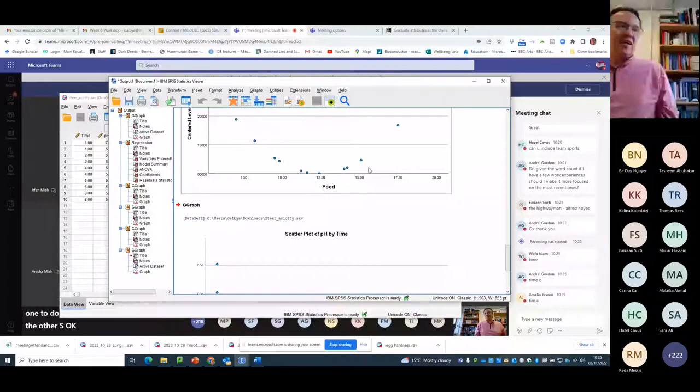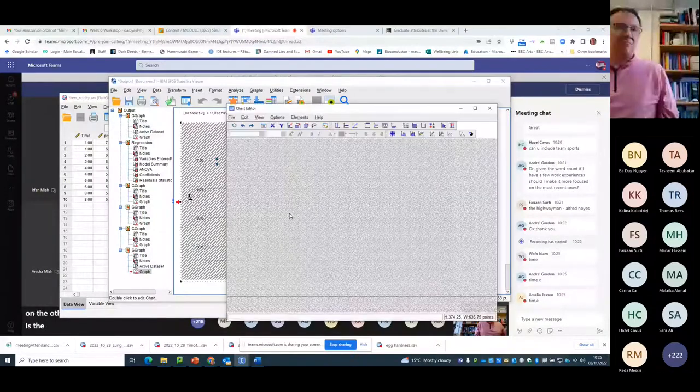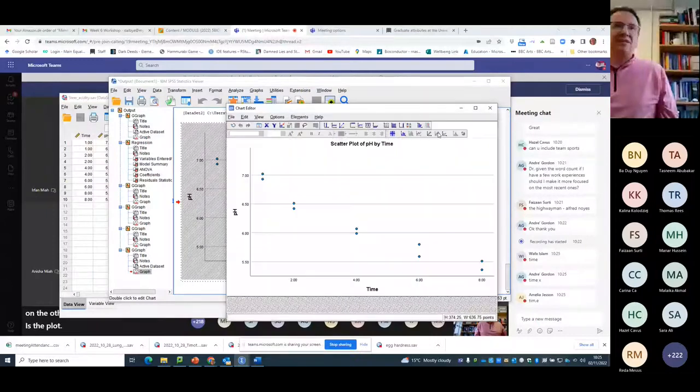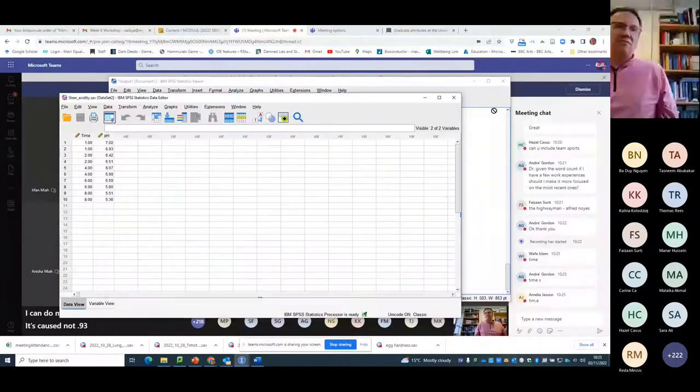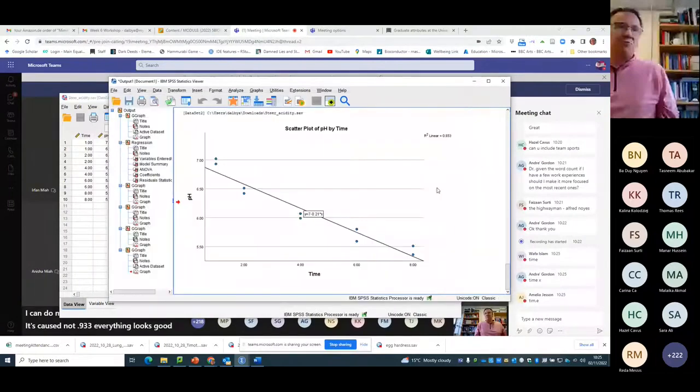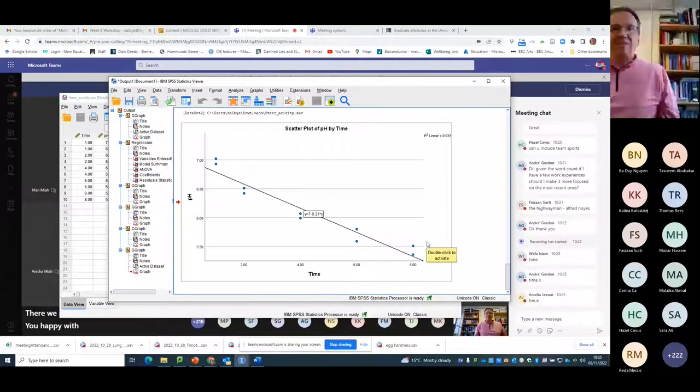Here's the plot. I can do my line of fit as a linear thing. It scores 0.933. Everything looks good. There we go. You happy with that? Does that look a good fit to the data?